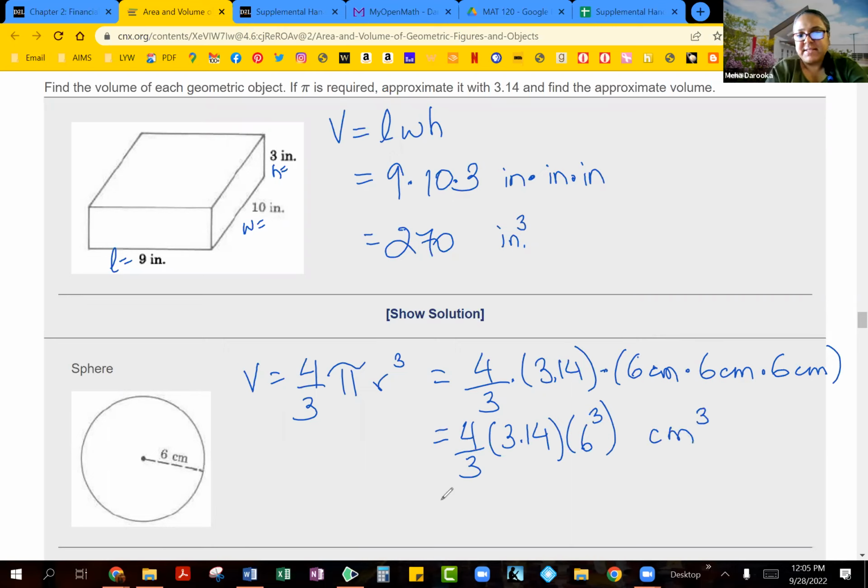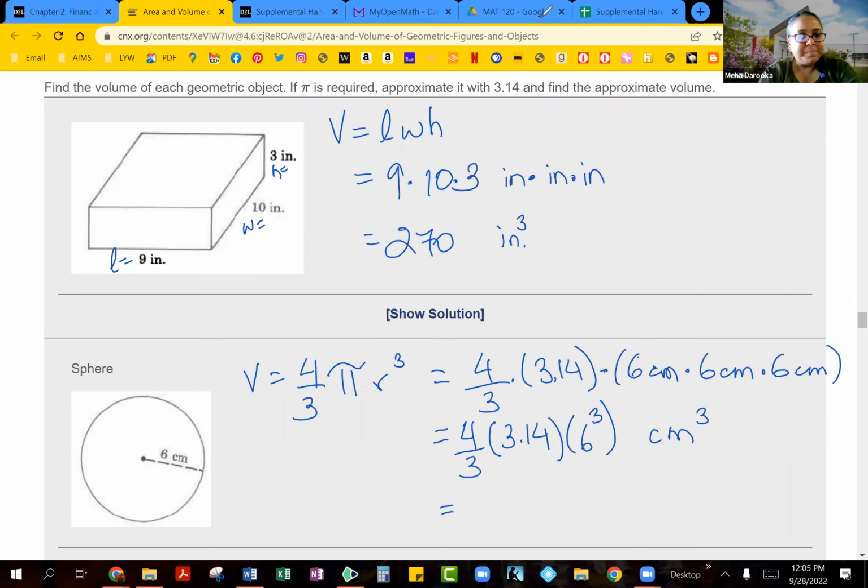This will end up giving us cubic centimeters, which is also known as cc's if you're dealing with medicines. A lot of times they talk about administering 3 cc's of a unit, which comes out to be 3 milliliters. So what are we looking at as the volume of this sphere?